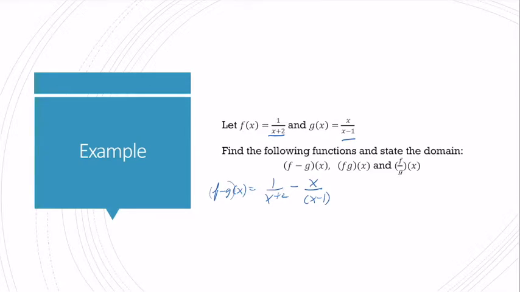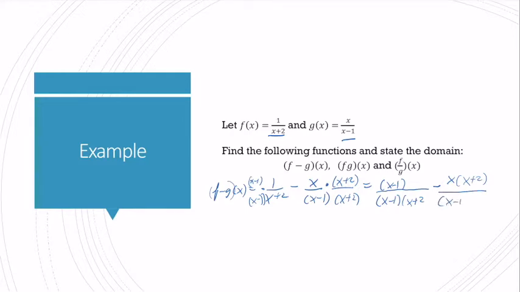So for my function on the left, I'm going to multiply it by x minus 1 over x minus 1, and let's leave this factored, shall we? Then on the right, I'm going to multiply by x plus 2 over x plus 2. That gives me x minus 1 over x minus 1 times x plus 2 minus x times x plus 2 over x minus 1 times x plus 2.